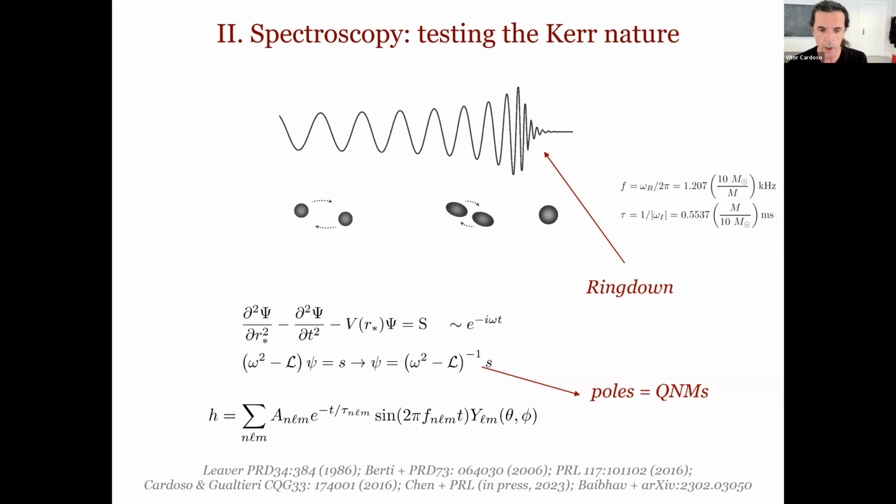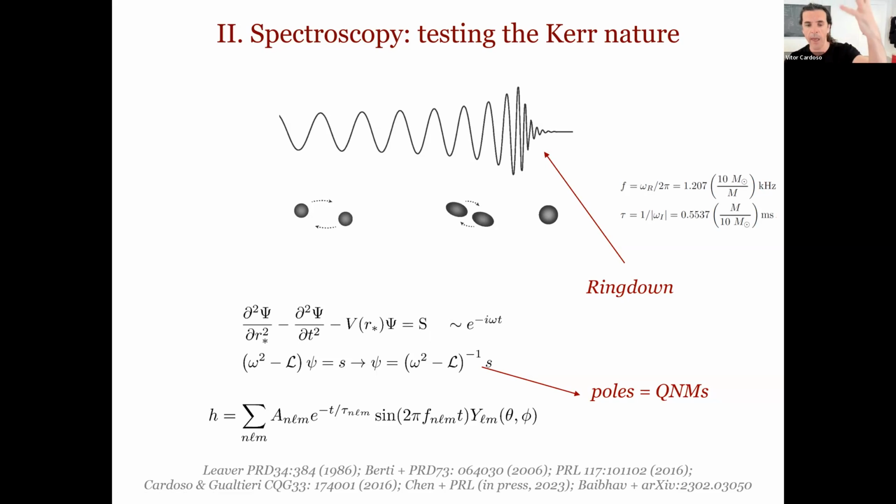And when you do this, you're going to find that your system of metric fluctuations, actually curvature fluctuations, is described by a single second order partial differential equation that looks like this guy that I wrote here. There's a non-trivial effective potential V and a source term that roughly tells you the initial conditions of your problem or what exactly is causing the perturbation to the black hole.